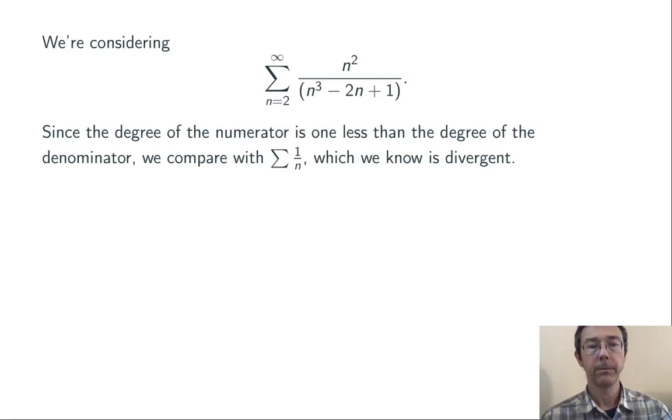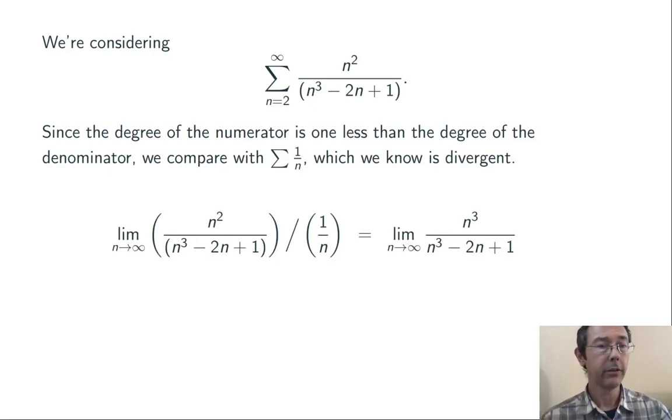The limit comparison test says take the general term of each of those two series and take their ratio and see what happens as n goes to infinity. Remember, if I get a positive constant between 0 and infinity, then these two series are going to have the same convergence or divergence. In this case, when I do that ratio, I get n cubed over n cubed minus 2n plus 1.